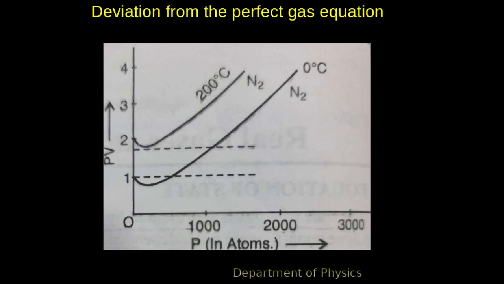So he drew the behavior. Some deviation takes place for nitrogen gas. This deviation gives the behavior of the gas. It means it liquefies, or what happens when we are increasing the pressure in atmospheres and drawing the P versus PV. A small deviation takes place here.